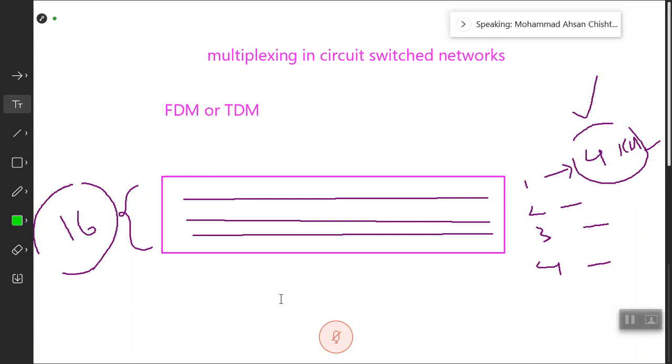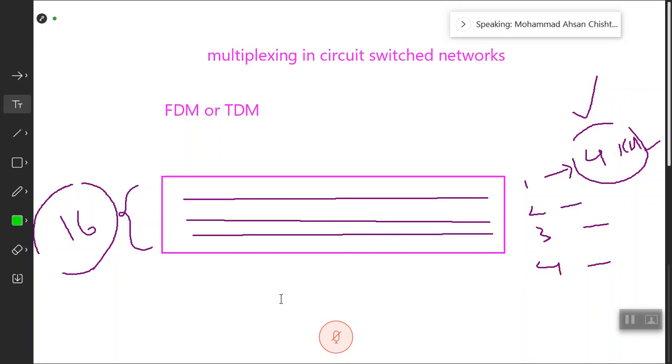But this 4 is guaranteed transmission. I would get this much bandwidth, this much frequency for transmission. What we do is frequency multiplexing, for example FM that you hear. You share the frequency spectrum.